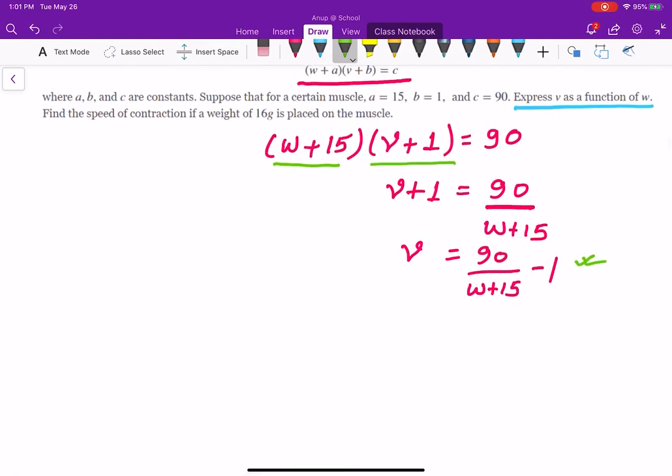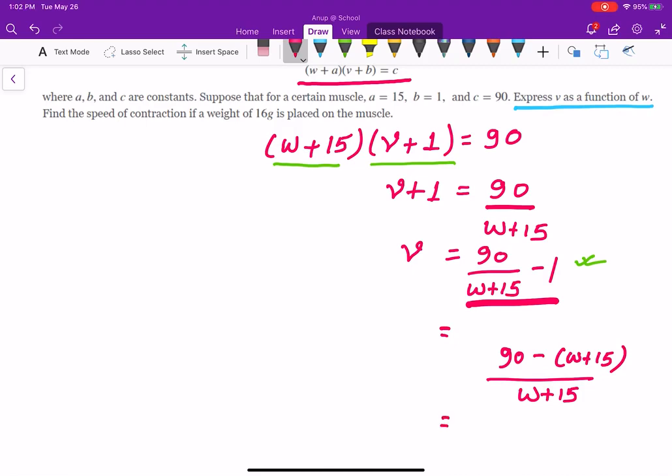But if you want to rewrite this, we can also find the lowest common denominator between these expressions, which is W + 15. And then we get 90 minus, so there is only 1 divided by 1. To make the denominator equal to the lowest common denominator, we need to multiply by W + 15 on the top and bottom, and then we will have this term over here.